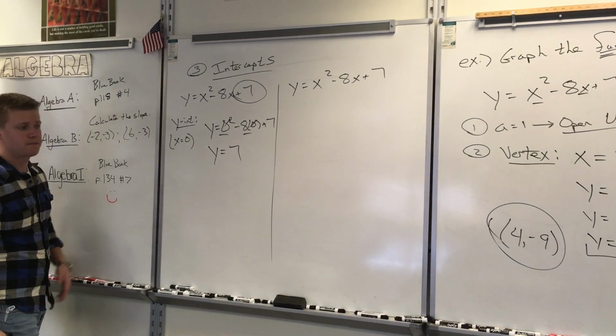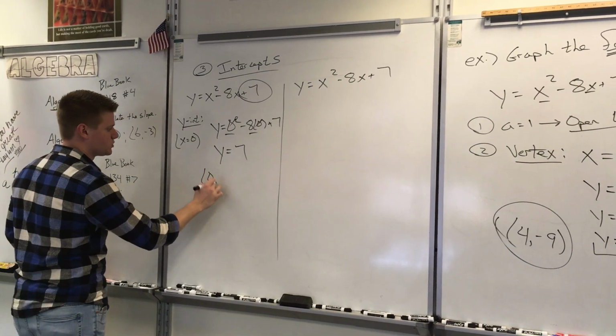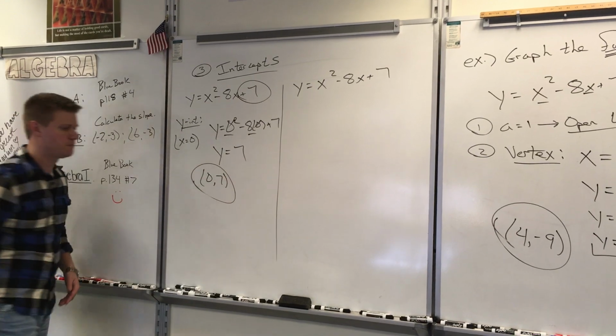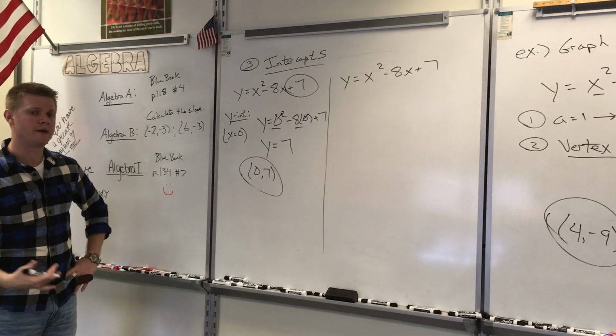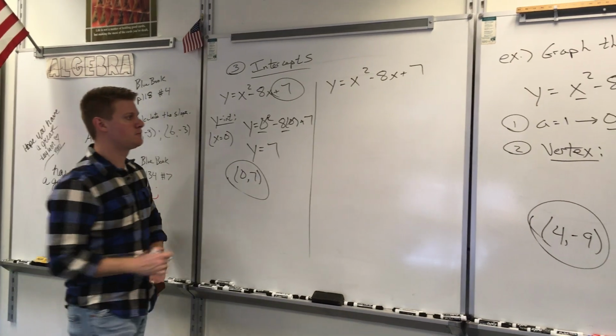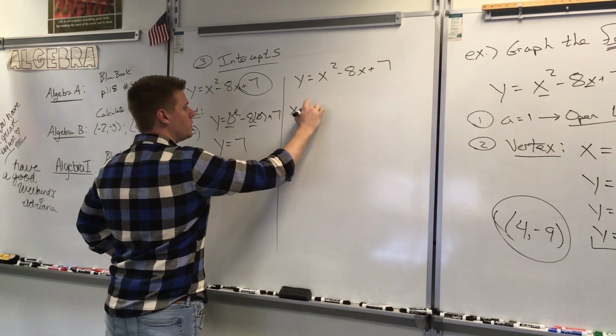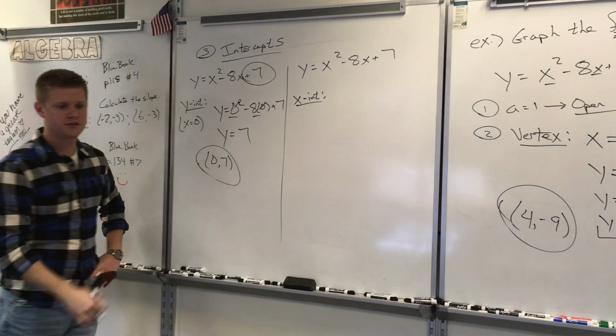There's our y-intercept. Always emphasize writing these as ordered pairs just for organizational purposes. There's another point we now know on our graph, and again, we'll make it more specific. The next part, we find the x-intercept.